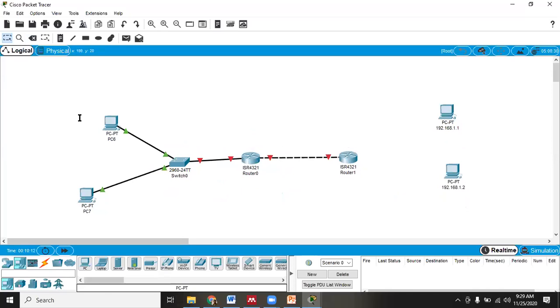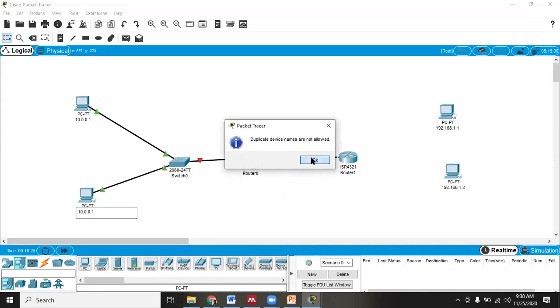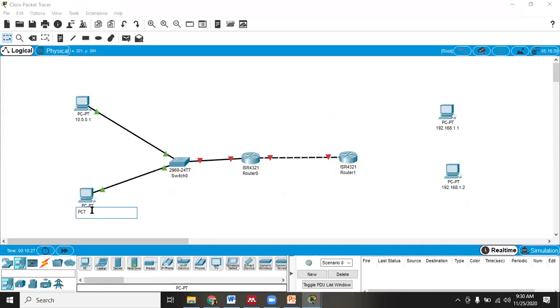So what we are doing, on the other side we have an IP address of 10.0.0.1, which is a different network, and we have seen that with the help of a switch this type of thing is not possible. 10.0.0.2, right? This is a switch for the 10.0.0.0 network.